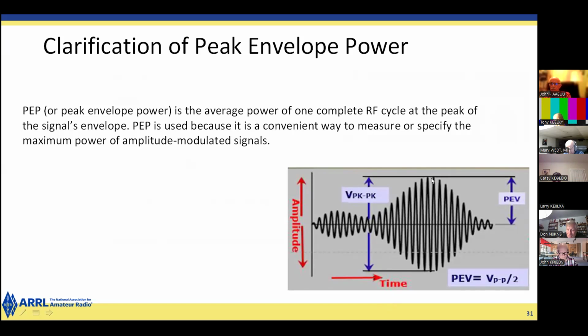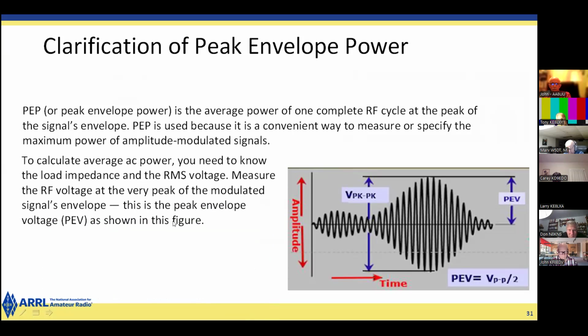So they want you to pick the maximum of that envelope where it says PEP, divide it by 2, and then multiply it by the... To calculate the average AC power, you need to know the load impedance, the RMS voltage, measure that voltage at the very peak of the modulated signal's envelope. This is the peak envelope as shown in this figure.